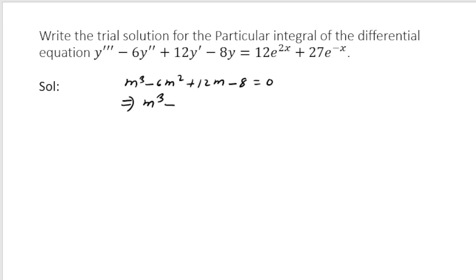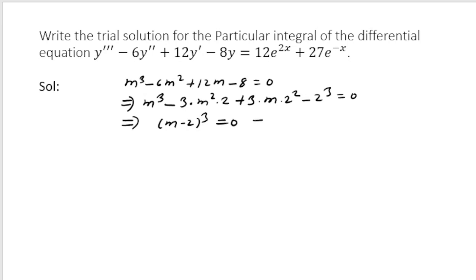I can write it as m cube minus 3 into m square into 2 plus 3 into m into 2 square minus 2 cube is equal to 0. So this is just (m minus 2) whole cube is equal to 0. In case you have doubt about it, just do it the way you want to find the roots, but make sure that you are getting the right roots, that is 2, 2 and 2.